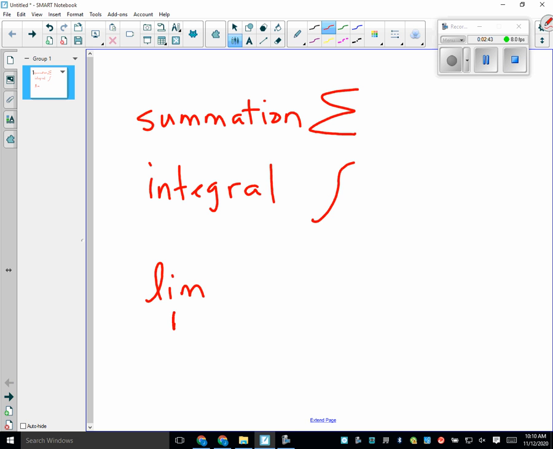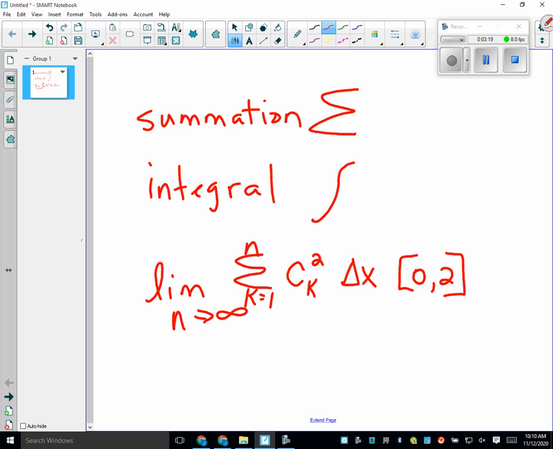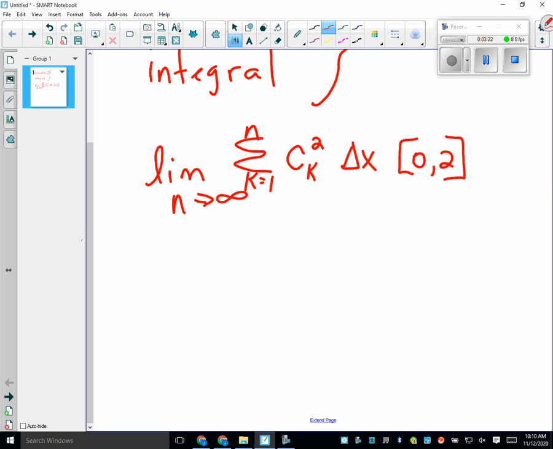The limit, let's say as n approaches infinity, of the summation of k equals 1 to n of c sub k squared delta x from 0 to 2. This is a summation.